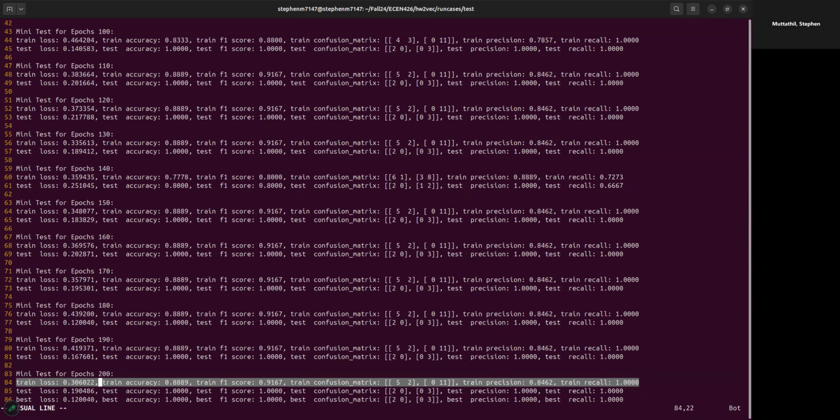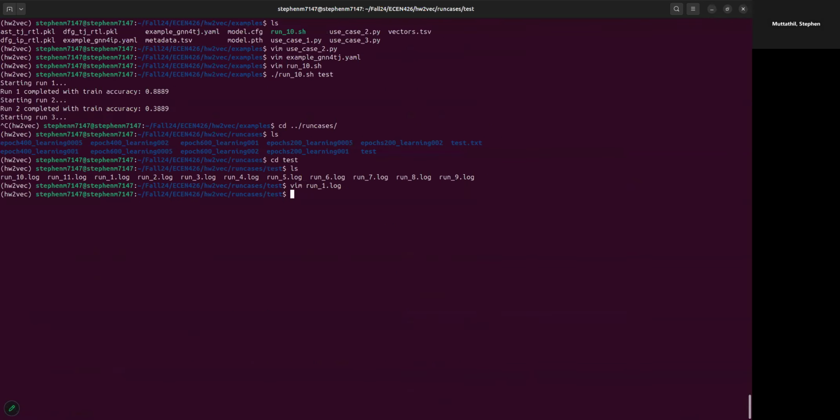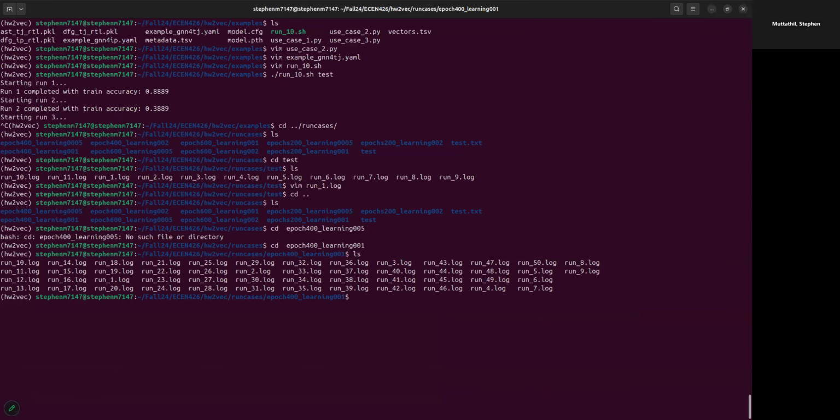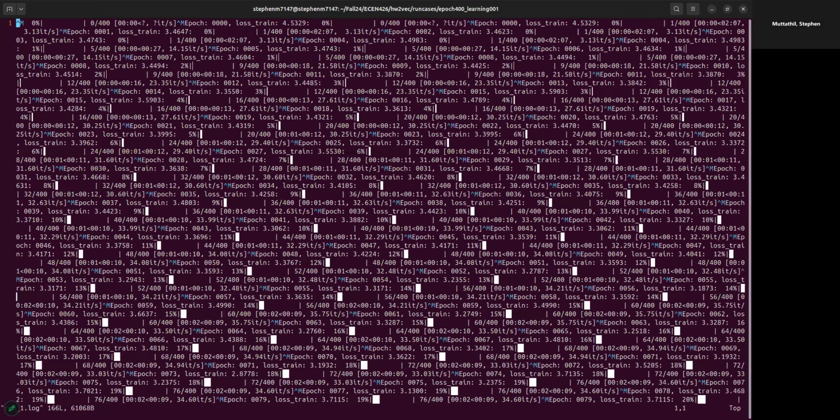And that's what we use to parse through and get the averages. And you can see that right here. So yeah, every output just looks like this.